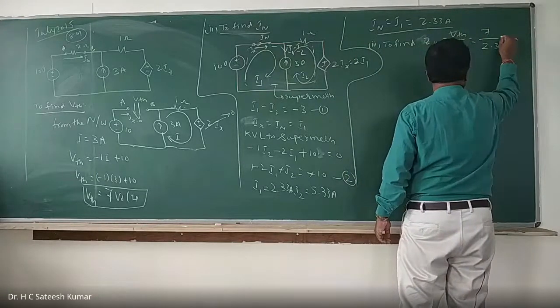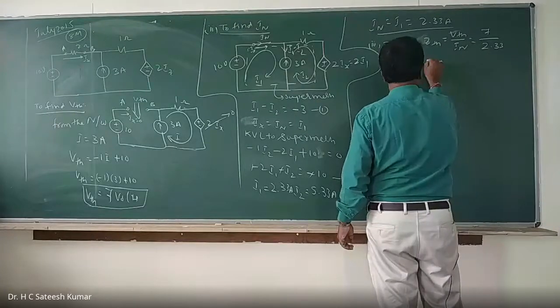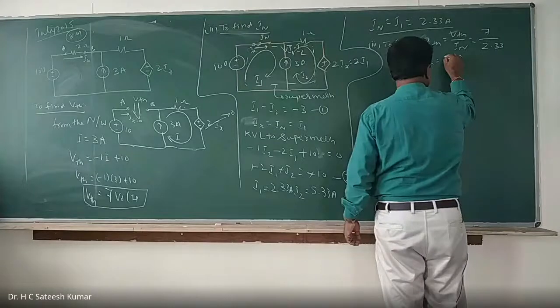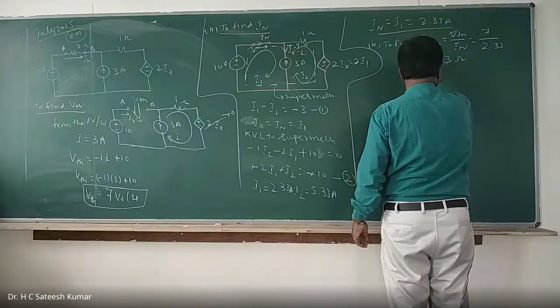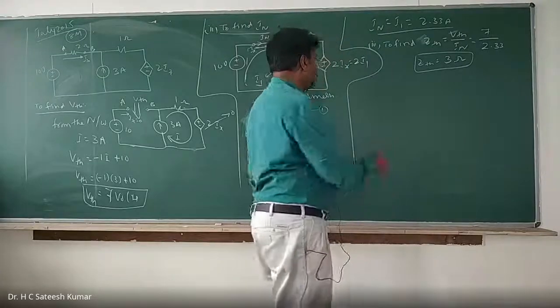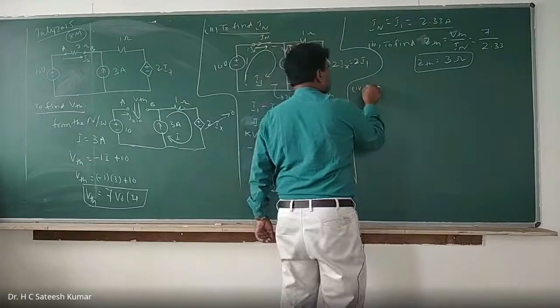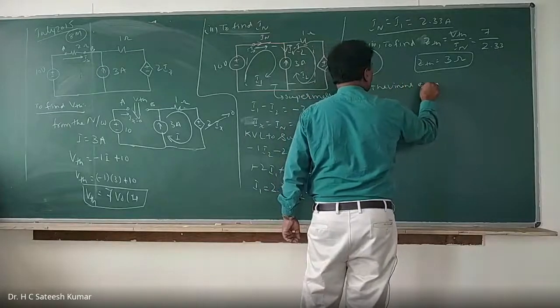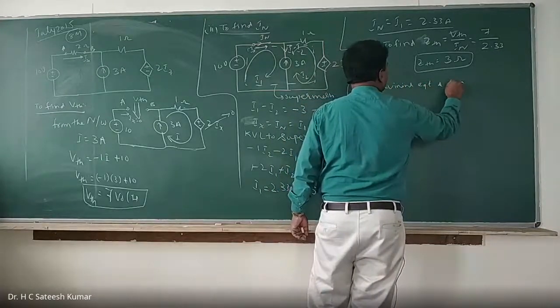How much is that? 3 ohms. ZTH is equal to 3 ohms. Now the fourth one, Thevenin's equivalent, and to find Ix.